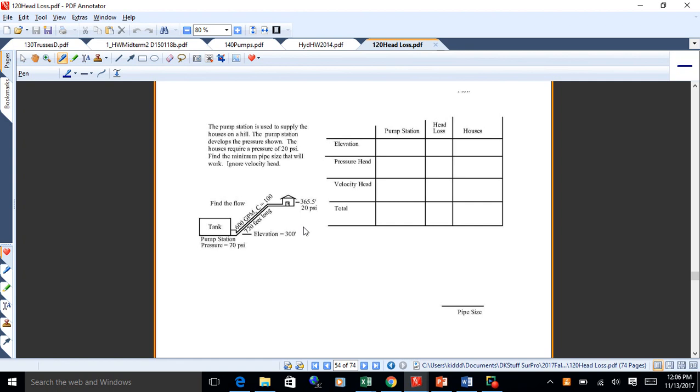So find a head loss high and low. The term for that is bracketing. And then you use the bigger pipe. It's safer to use the bigger pipe, right? Okay. So once you get the head loss bracketed, so to speak, then you use the bigger pipe, okay?